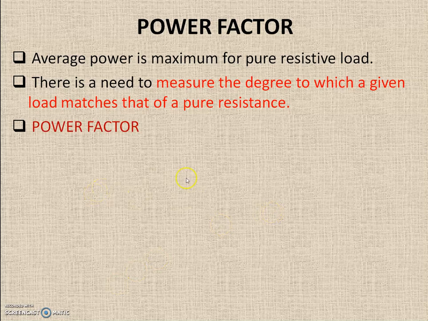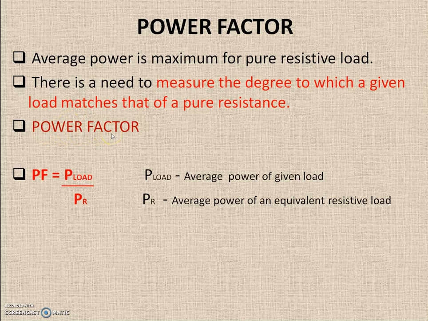This measure is given by the power factor, and you can define the power factor as P load divided by PR, where P load is the average power of a particular load, and PR is the average power of an equivalent resistive load for the same voltage and current magnitudes. Or you can say that PR is the maximum possible power.